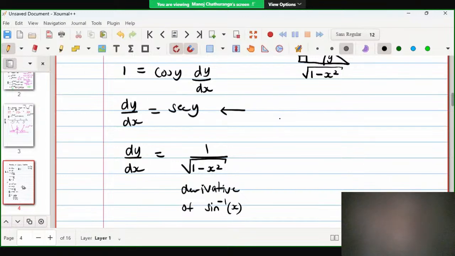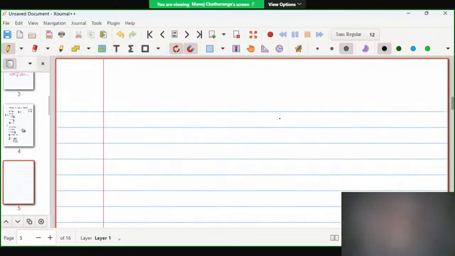Can you quickly compute the derivative of tan inverse x? I showed you two computations of derivatives for two inverse functions. I think now you can handle this.